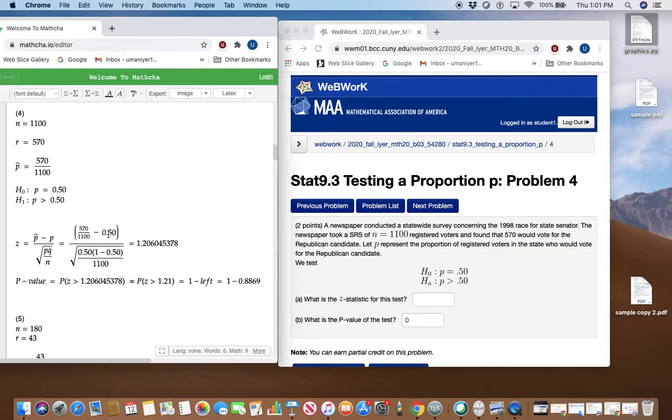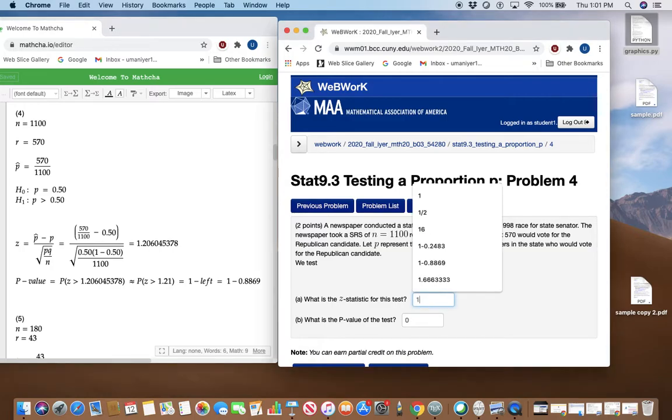Remember, Q is based on your assumption value. When you substitute all this, you get the Z statistic to be 1.206045378.